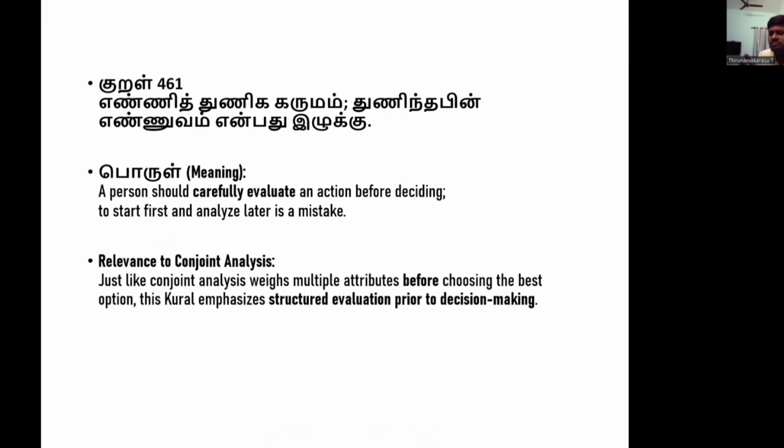If you miss it or do not decide correctly, your entire spending goes wrong. Just like conjoint analysis, consider multiple attributes before choosing the best option. The Kural emphasizes that structured evaluation prior to decision making is most important.